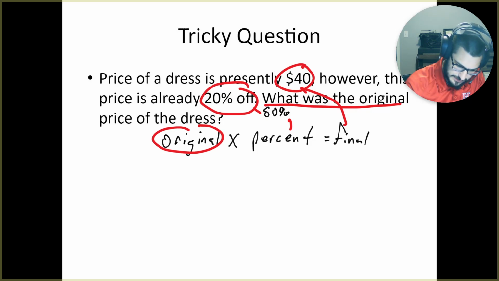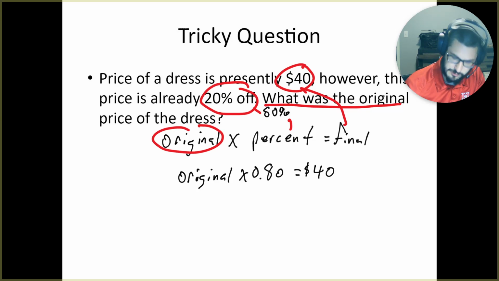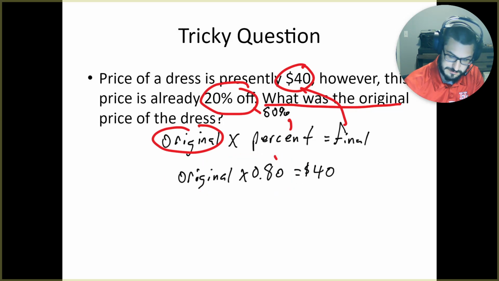So then original times 80%, which is 0.80, equals $40 for my final. Okay? Just like in the algebra video, if you watch that, I've got multiplication here, so I need to divide both sides by whatever I'm trying to get rid of.